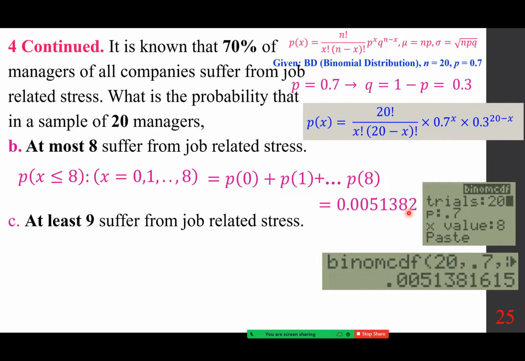Same question. At least 9 suffer from job-related stress. So we are looking for the probability of x larger than or equal to 9, which means we want x equals 9, 10, 11, 12, all the way to 20.